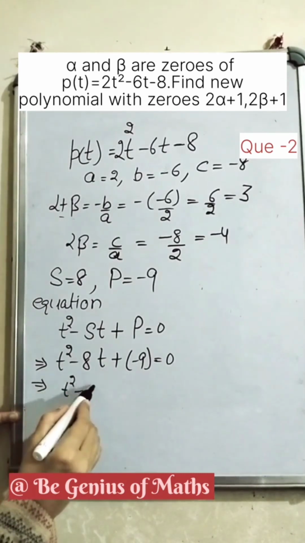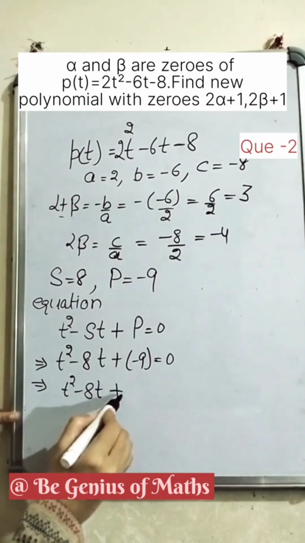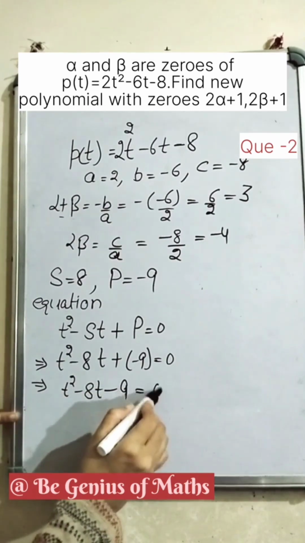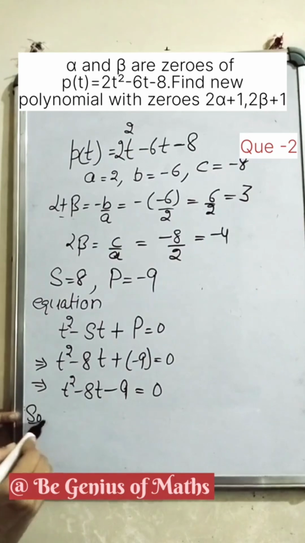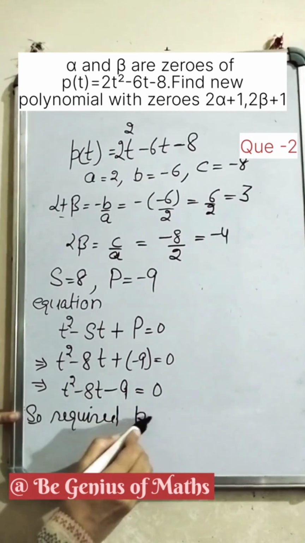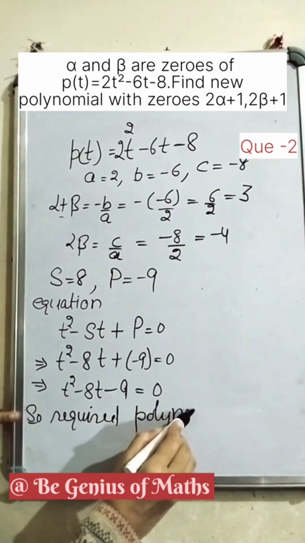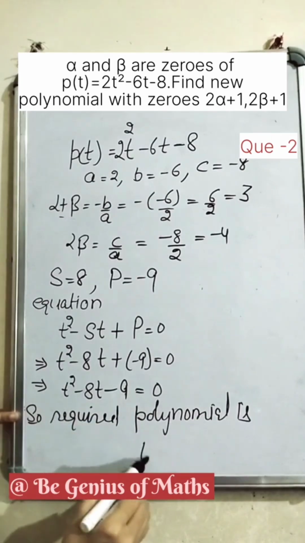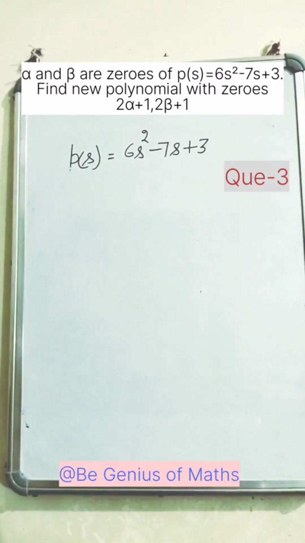T square minus 8t minus 9, plus into minus is minus. Now what is the polynomial? Again, a polynomial is an expression without zero. So the polynomial is t square minus 8t plus 9.